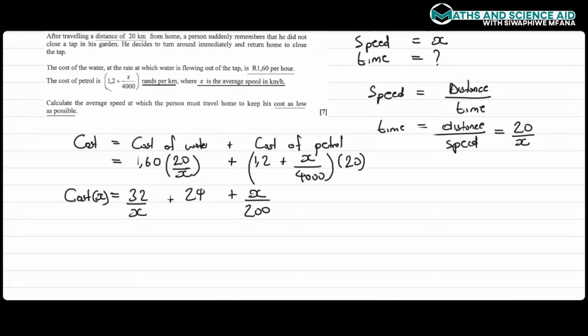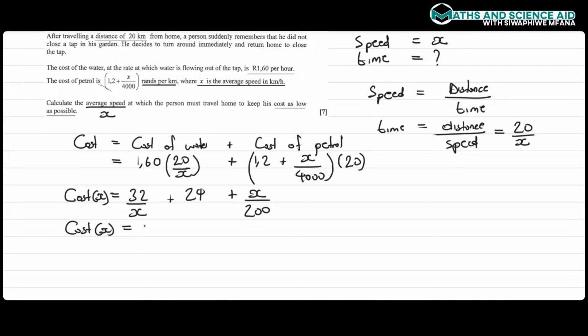So you want to calculate the average speed at which the person must travel in order to keep the cost as low as possible. So it means that you need to find x here because the average speed is given by x. So obviously, you know the drill. You'll have to work out the first derivative here, equate it to 0, and then solve for x.